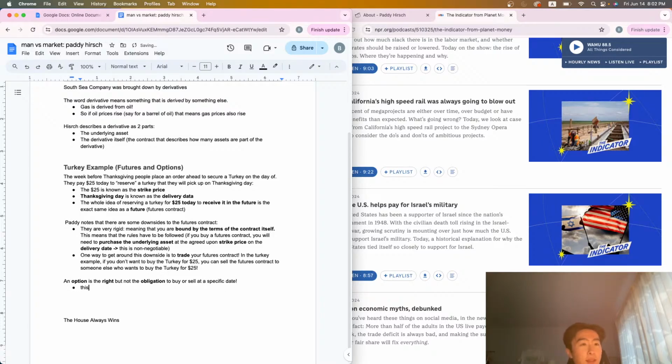So this is different from a future because with a future you are required to buy the assets at the delivery date.